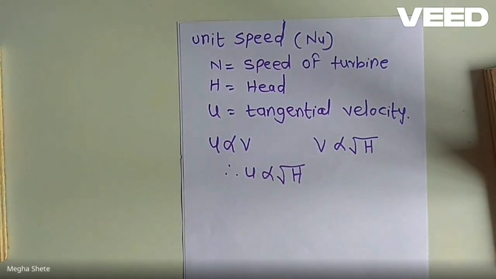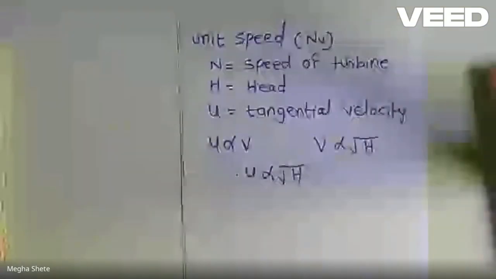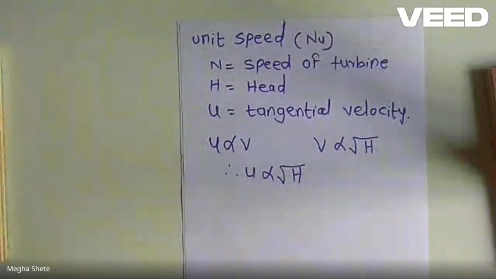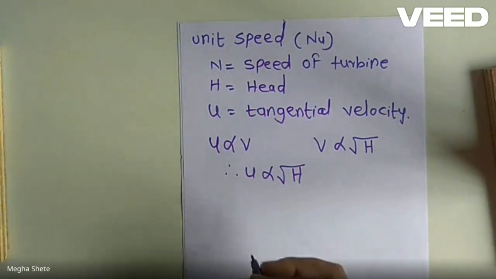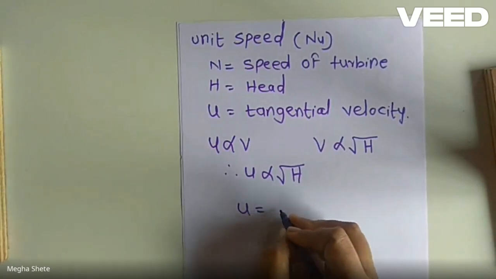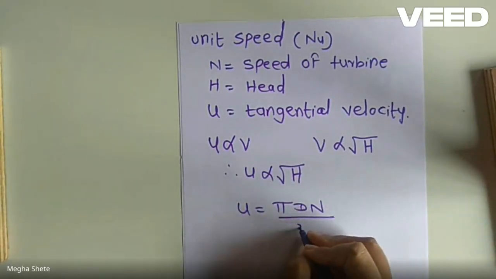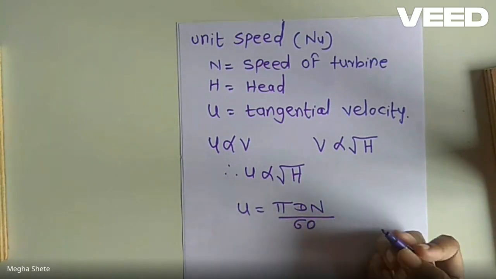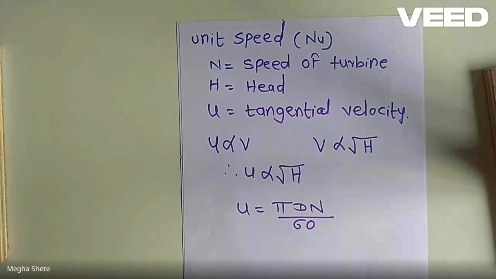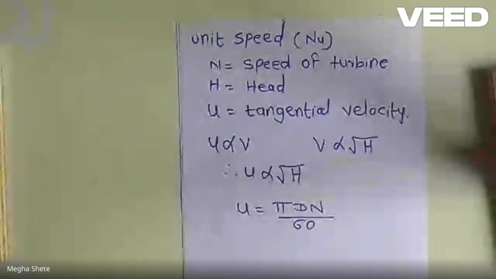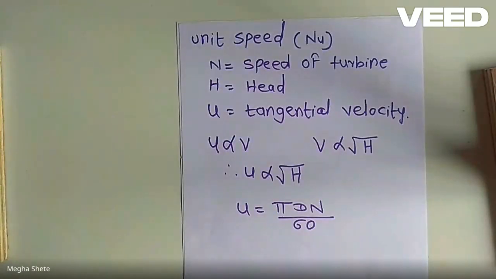Now, the equation U is equal to pi D N divided by 60, where capital D, that is the diameter of the turbine, is constant.